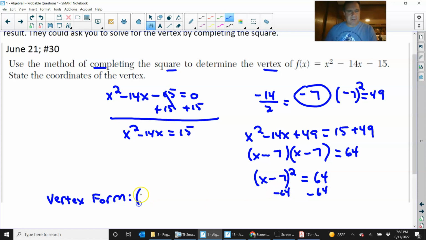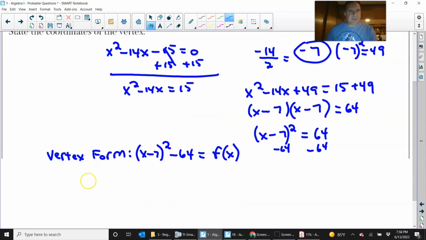And it is now (x − 7)² − 64 = 0. You could put f of x or whatever. So now the vertex is the number inside the parentheses, the opposite of that.